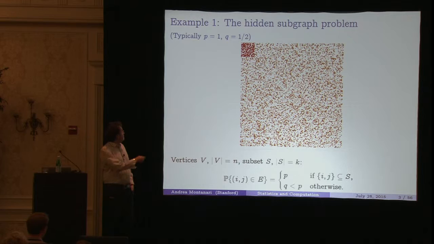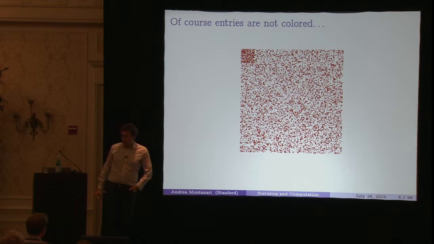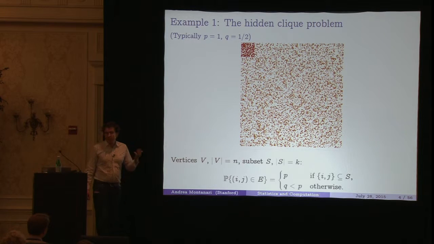Often it's hard enough to look at the special case p equal 1 and q equal 1/2. So the set S actually supports a clique, a completely connected subgraph. So the problem is you are given a realization of this graph and you want to find the set S.